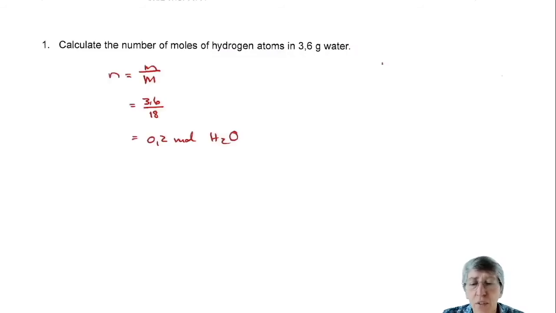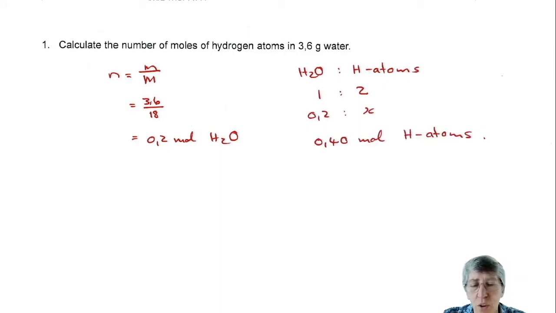And now that I've got the moles of water, I need to go from water to hydrogen atoms. And for that, I need the ratio. If you take one water molecule and you take it apart, how many hydrogen atoms will you have? That's going to be 2. So then it's easy to say, I've got 0,2 over there, and I will end up with 0,4. And just remember that extra place after the comma.